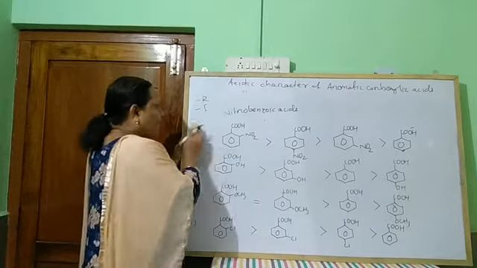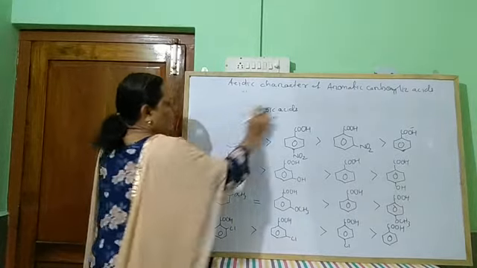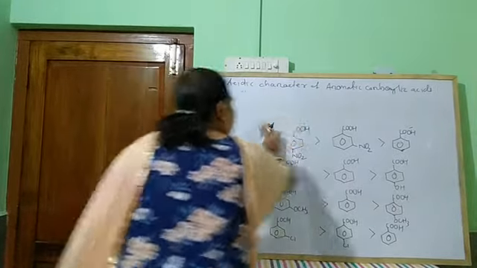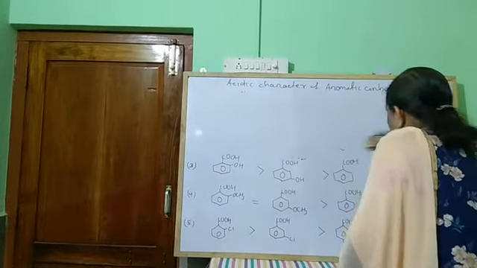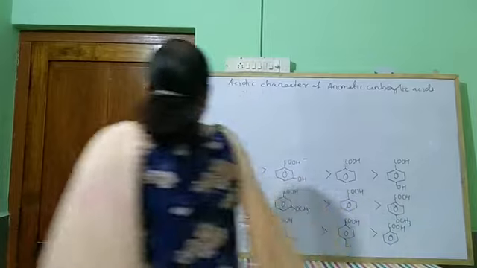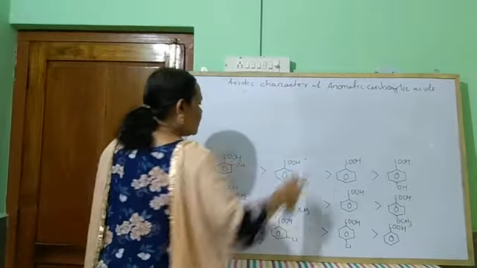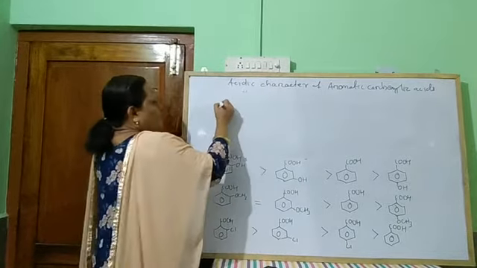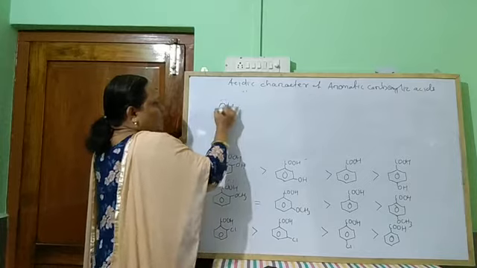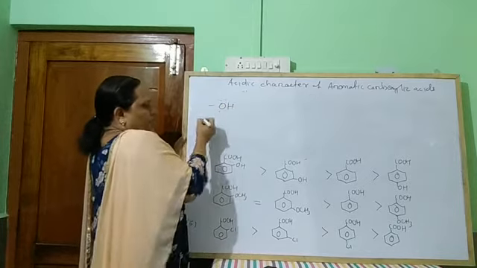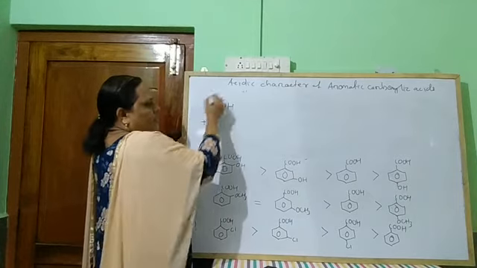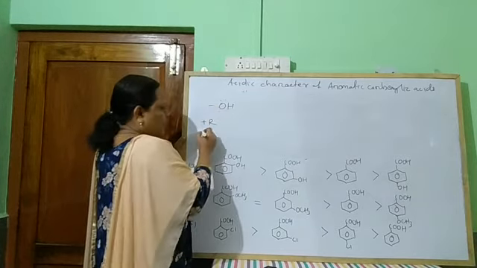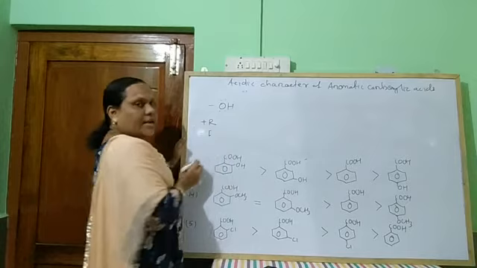Next come to hydroxybenzoic acids. You know this OH group has a lone pair of electrons, for which it can exhibit plus R effect, and due to electronegativity of oxygen, it can show minus I effect.